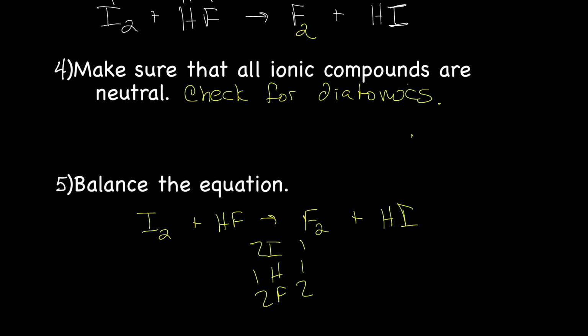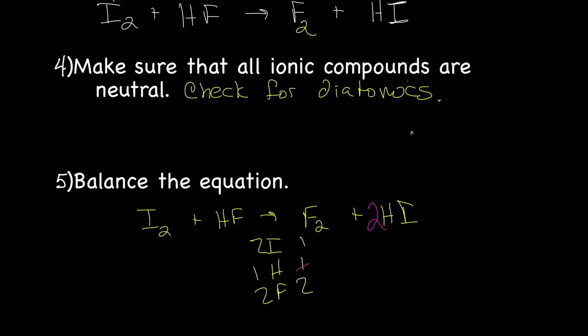To make this guy neutral, let's add a 2, giving us 2 hydrogens and 2 iodines. So we fixed our iodines, messed up the hydrogens. Put a 2 here. We have 2 hydrogens. And I don't know how to count, do I? Because this was supposed to be a 1 earlier. Sorry. 2 fluorines. And we're neutral.